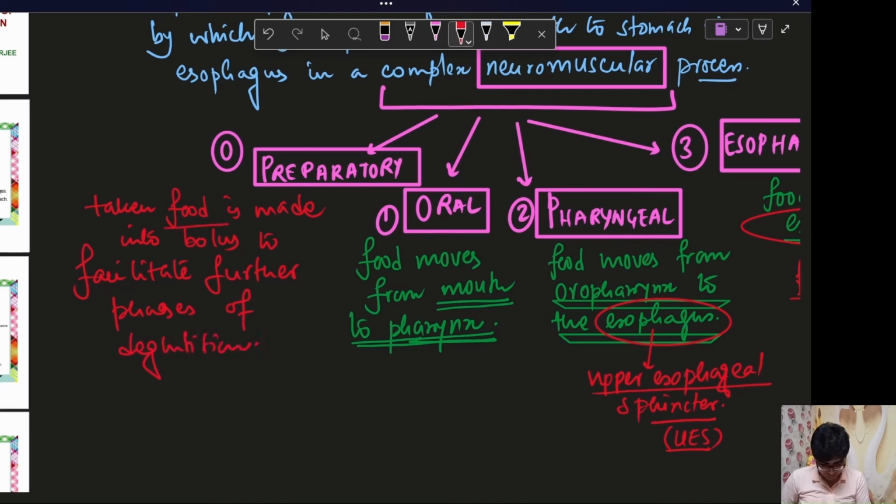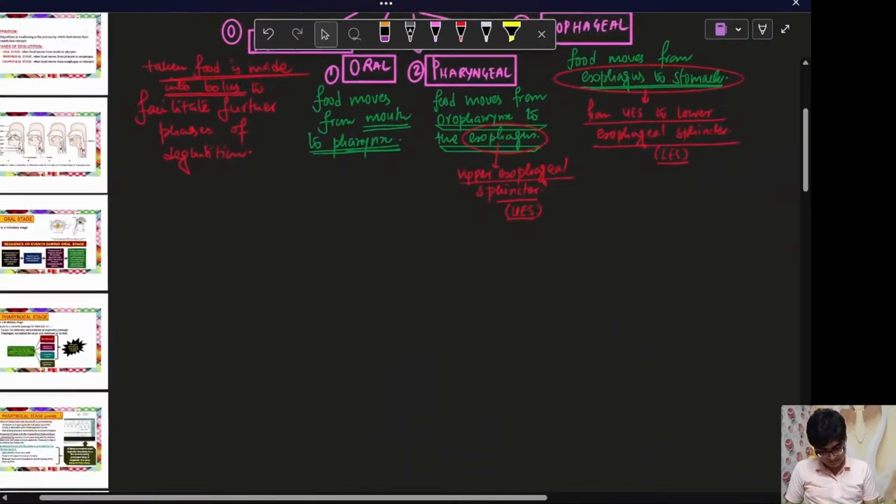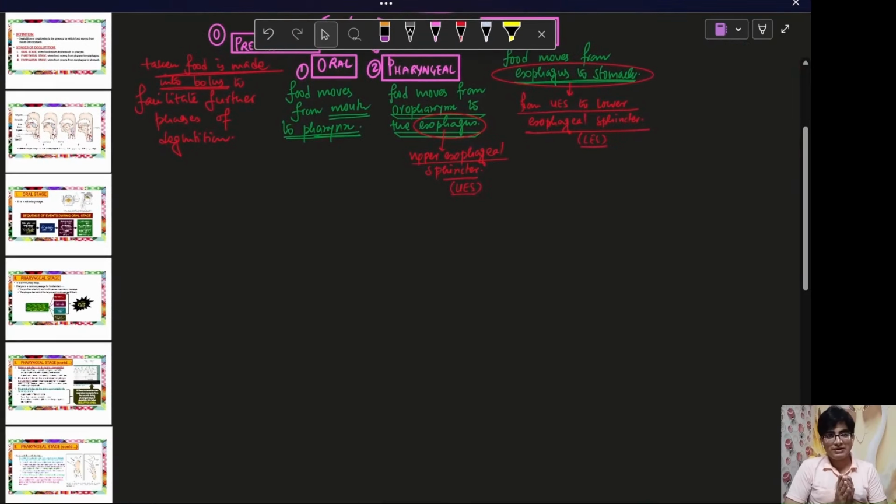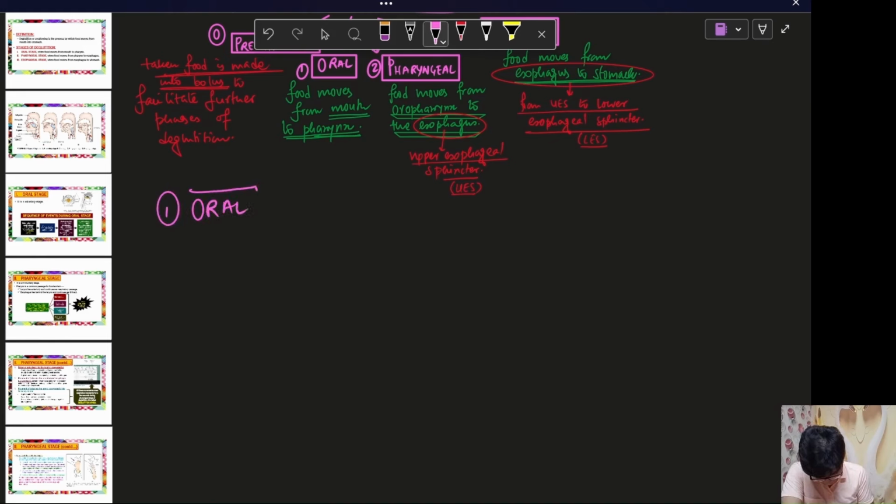Okay. So here the food is made into bolus. This is the most important point of this. So let us start with each of the phases now, drawing and in complete details. Okay. So our first phase is nothing but the oral phase.